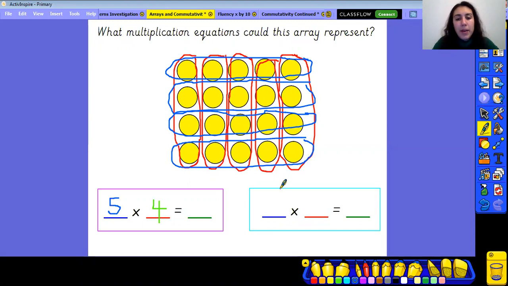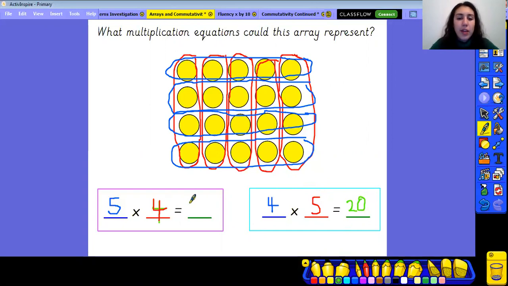So I would write that by saying I've got 4 groups of 5. Just realised that I should have written this there. Sorry about that. I've got 4 groups of 5, and I do know how to calculate that because I know that I've got 4 groups, so I get 4 fingers, and each group there is 5. So I say 5, 10, 15, 20. So my product is 20.